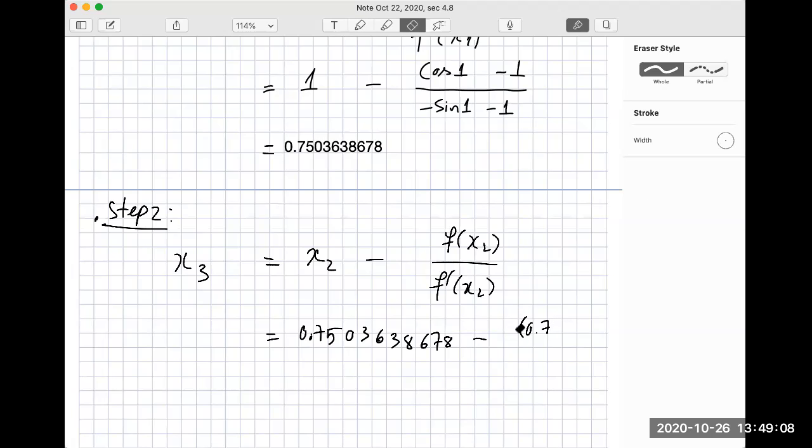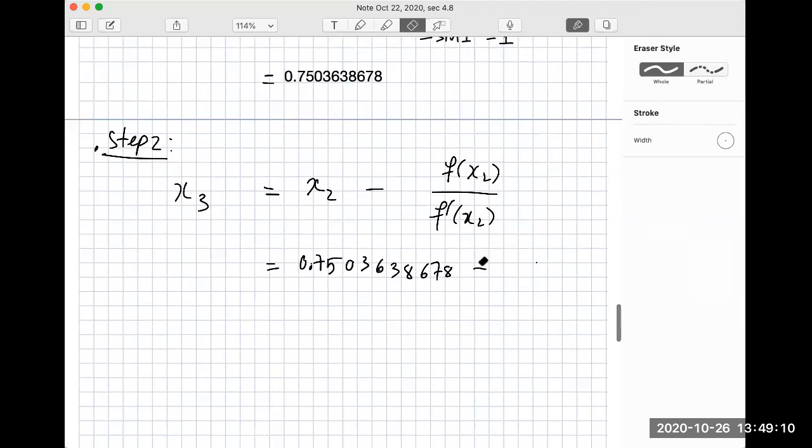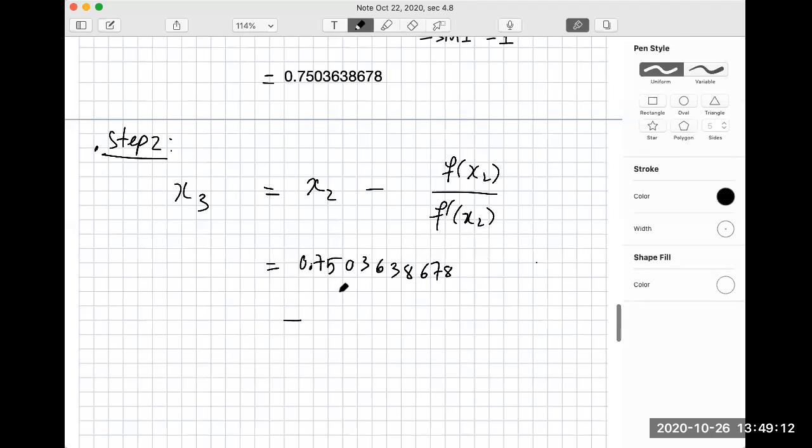Or let me substitute that into the formula. Cosine of 0.7503638678 minus this number 0.7503638678, and use your calculator and compute the x3, please.